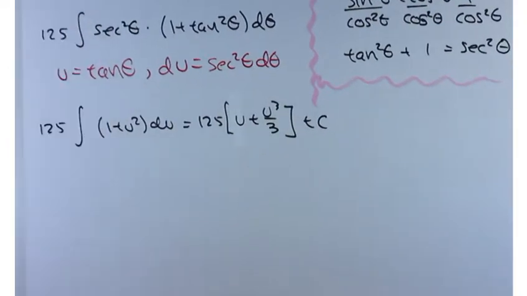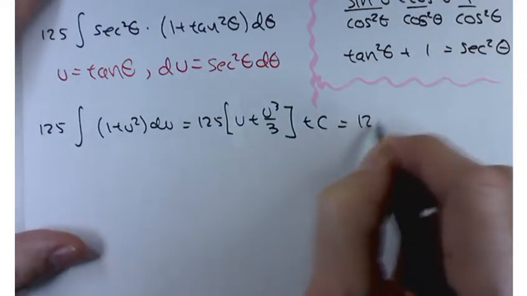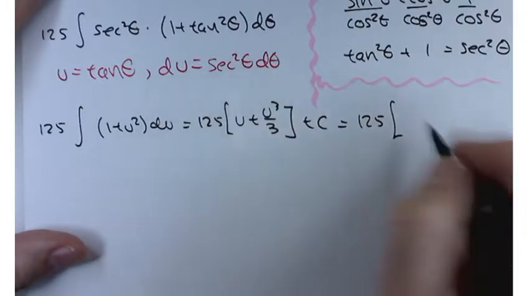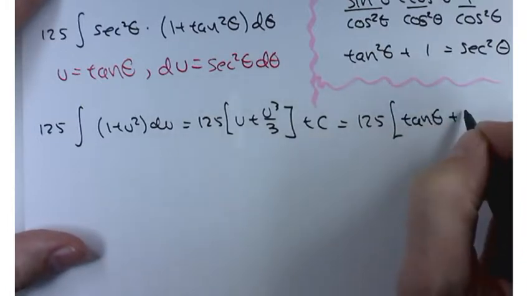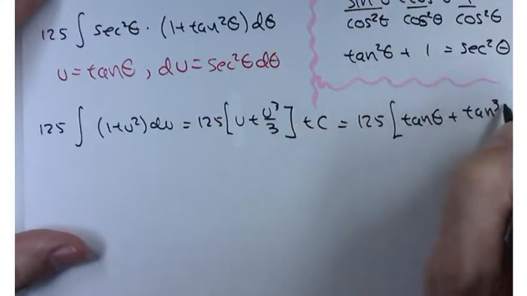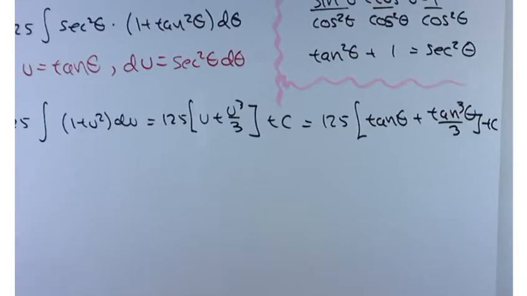Now we've got to unravel this a couple times, right? First, starting with our u substitution. So that's going to be 125 times tangent of theta plus tangent cubed of theta over 3. And then we're going to have to unravel it one more time because we need to figure out what the tangent of theta is.